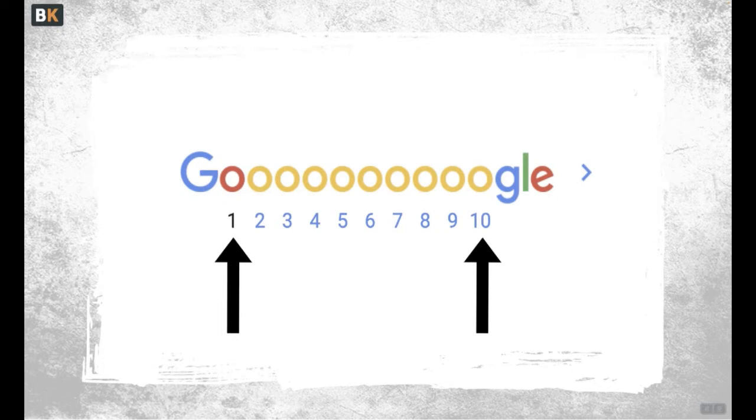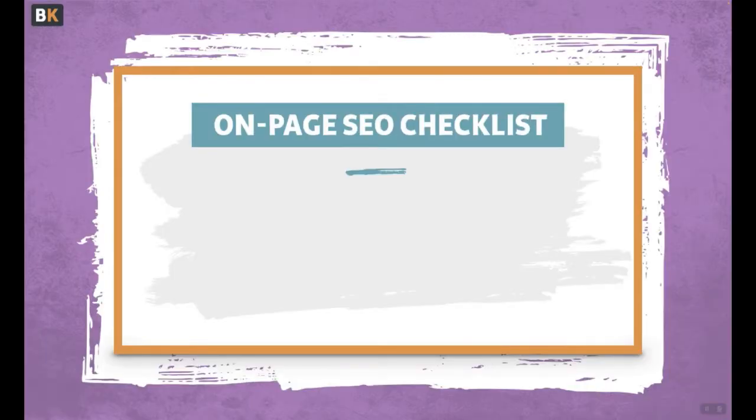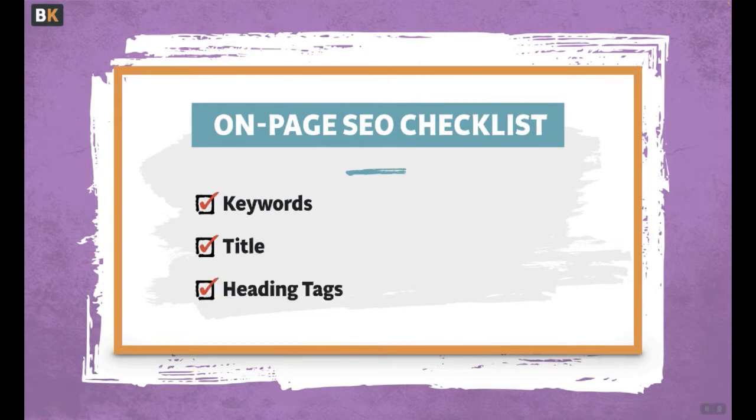Now, quickly, in this lesson, we'll be primarily focusing on on-page SEO, although both are very important. So let's talk about a quick on-page SEO checklist. You have keywords, which we'll talk about in a second. Your title can affect your on-page SEO.